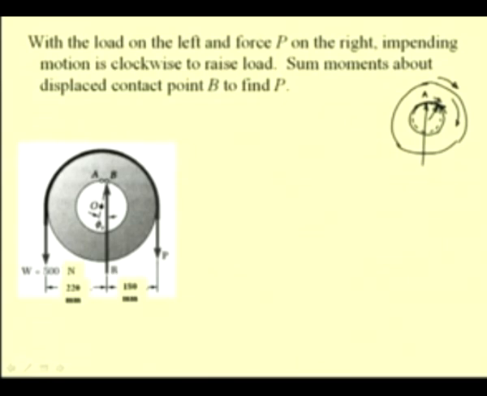If we want to solve this problem by the graphical method, we can place this reaction R at a distance which corresponds to the radius of static friction. So, the angle made by this R with respect to the normal is phi s.